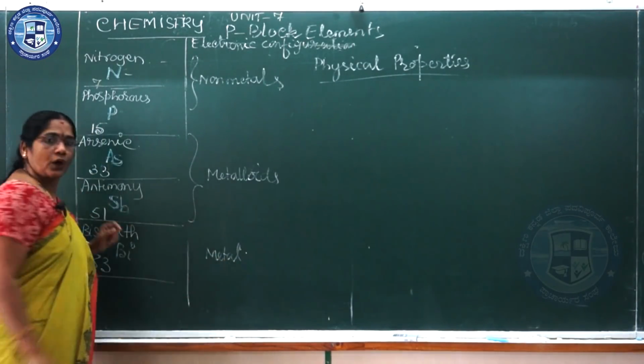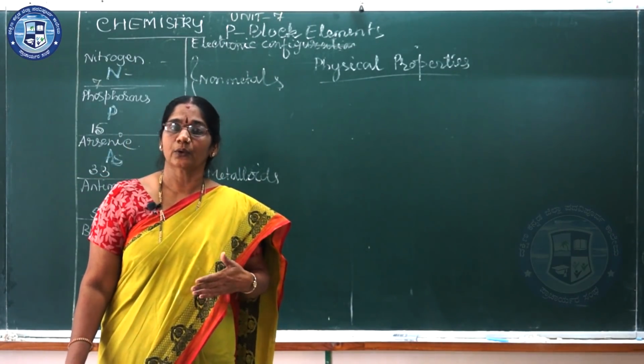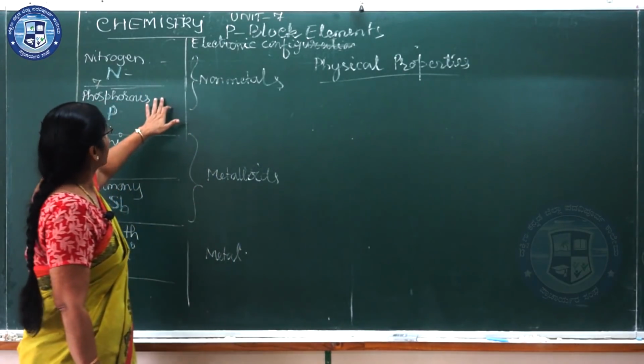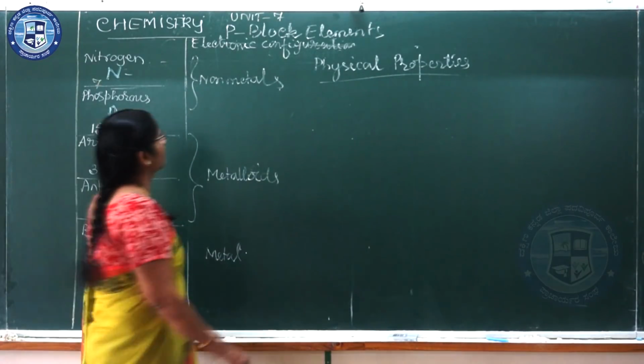So the non-metallic character goes on decreasing down the group, and metallic character goes on increasing. So these two are non-metals, these two are metalloids, and bismuth is a metal.